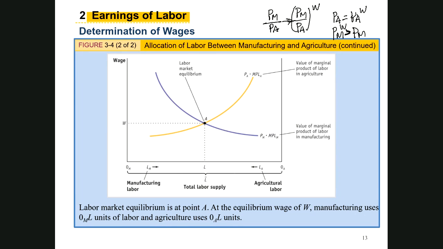It's higher than the autarky scenario. That means PA is equal to PA world, PM. And this will give you the same thing that we discussed a couple of slides ago.